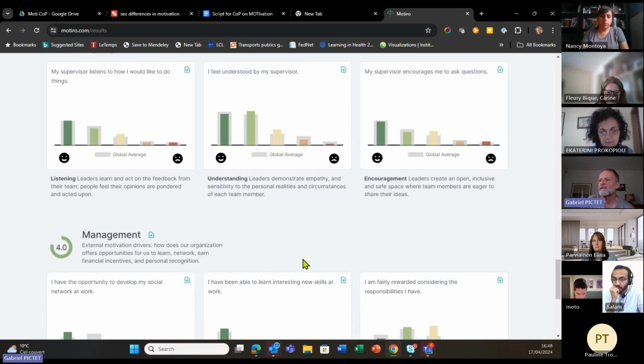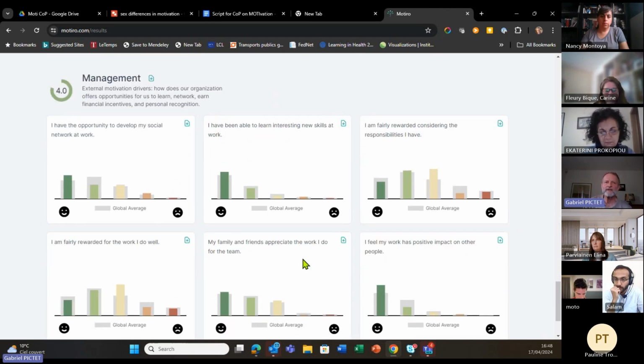And then last but not least, we have what we call management, and these are the extrinsic motivators. And here you can recognize them. I have the opportunity to develop my social network at work. And in my experience with these conversations, it goes towards the reward system. This seems to be the most problematic in the Red Cross Red Crescent, the reward system.